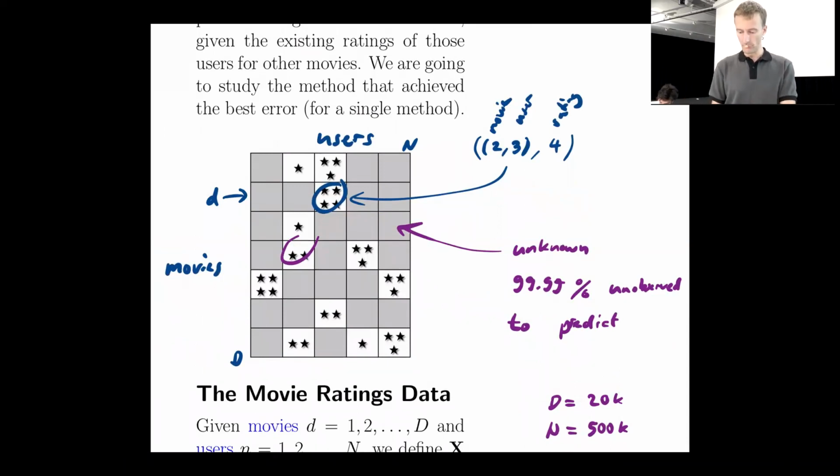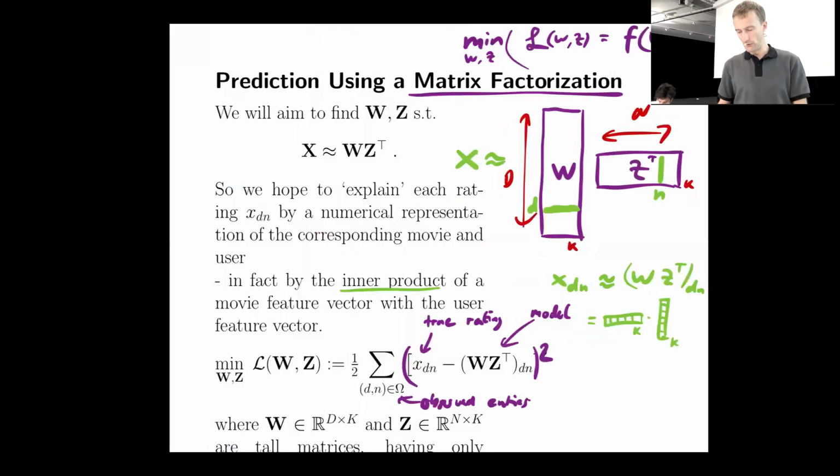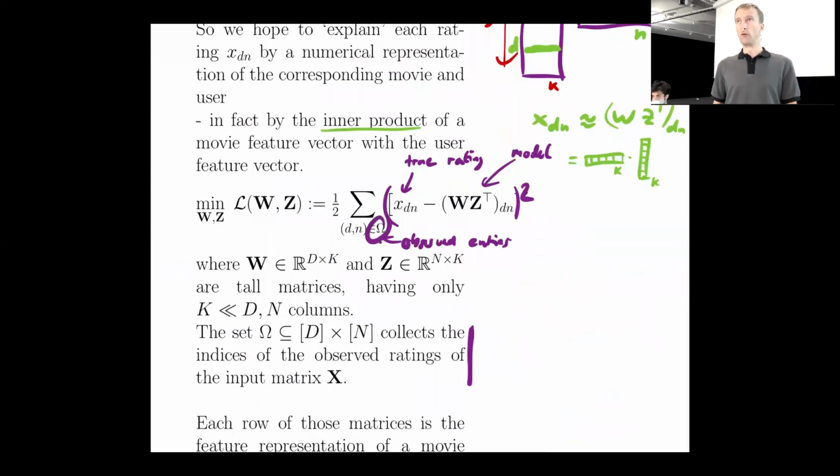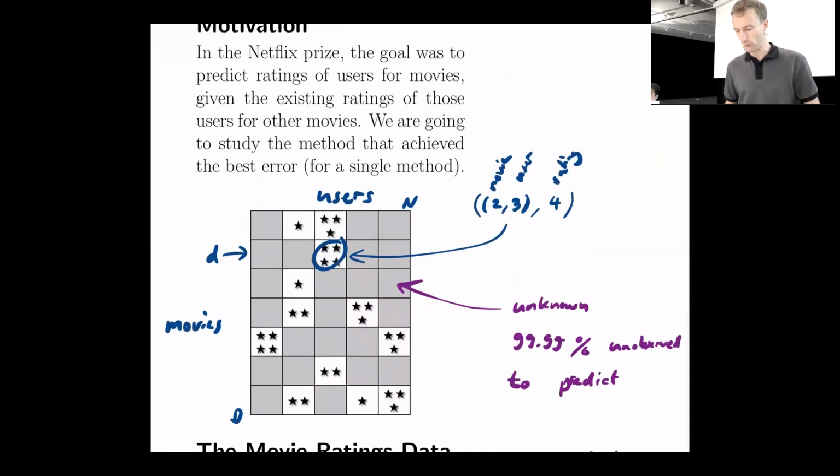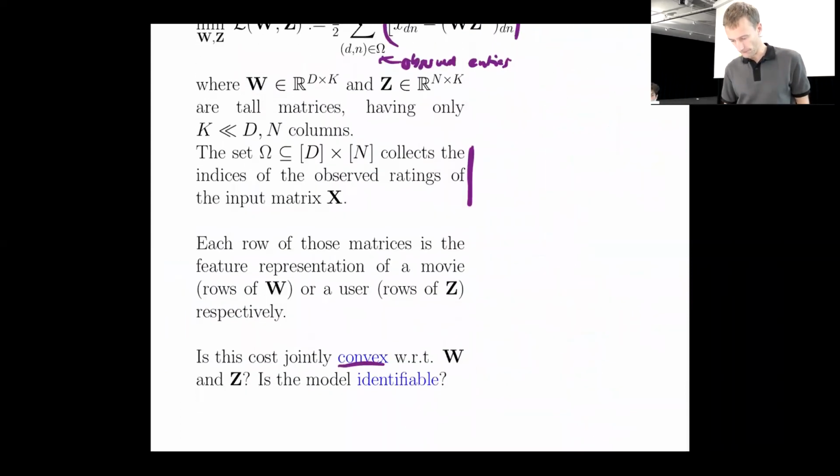So maybe this one, and this one. I remove them before training, and that's my test set. And then you can also use a different omega to be your test set if you want to do that, right? But here I only gave you the training loss, and that's enough to define the training. So evaluation is another question of such models.